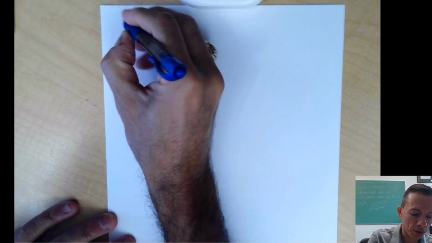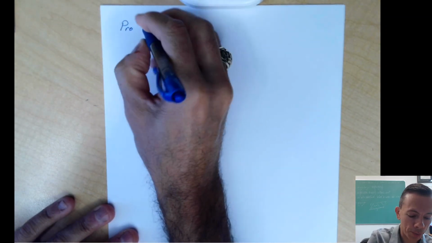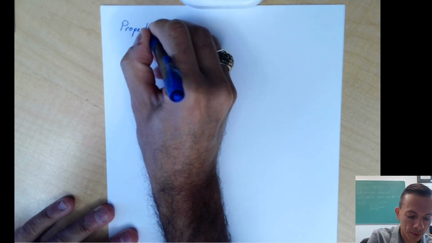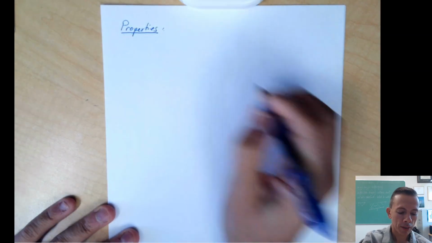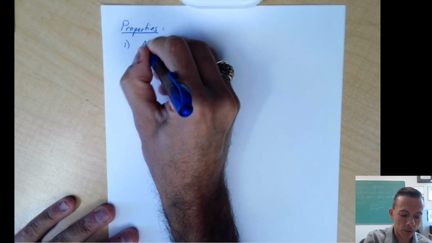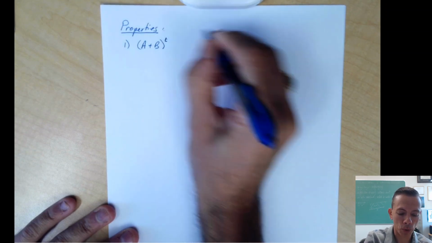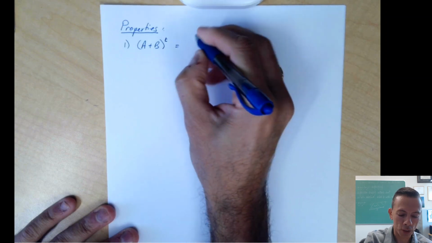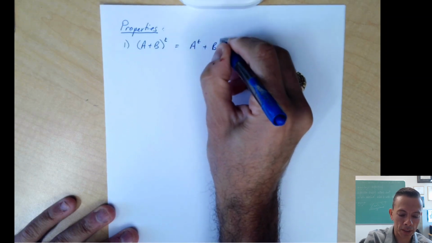Okay, so whenever we define a new operation, we have to define all the properties of this new operation. So first of all, if you have the sum of two matrices, A plus B, and you transpose the sum, you can distribute the transpose, A transpose plus B transpose.